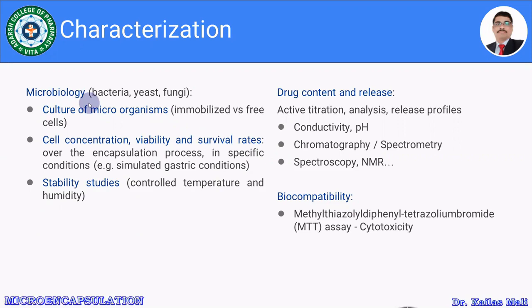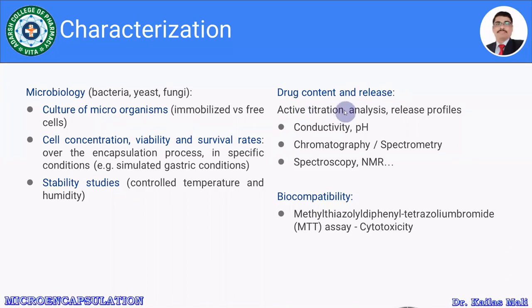The presence of microbes we have to determine by using a suitable method. The next one is drug content and release. After all, we are incorporating the API into the microencapsulated product.